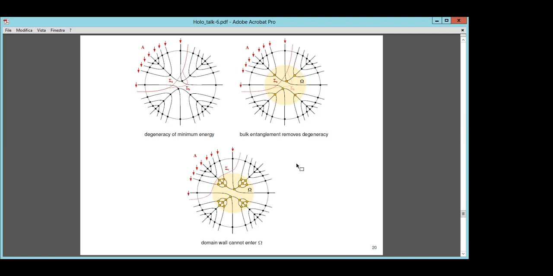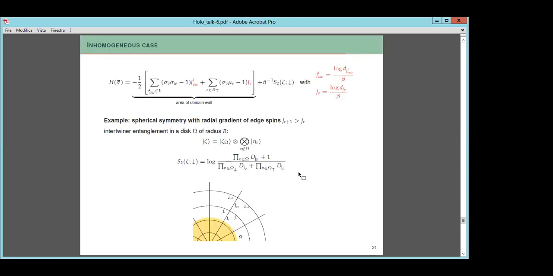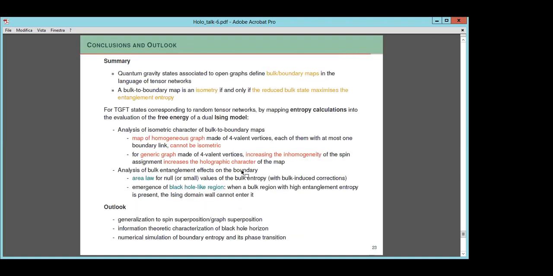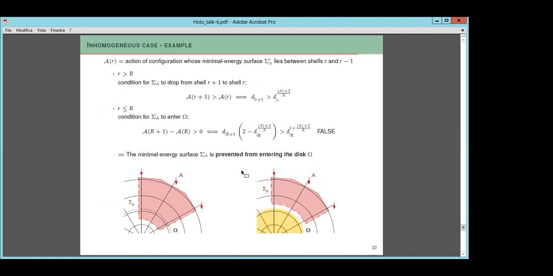So in this case, we just employ the refinement of vertices or the gradient of spins, but the picture can be generalized to include a more general characterization.